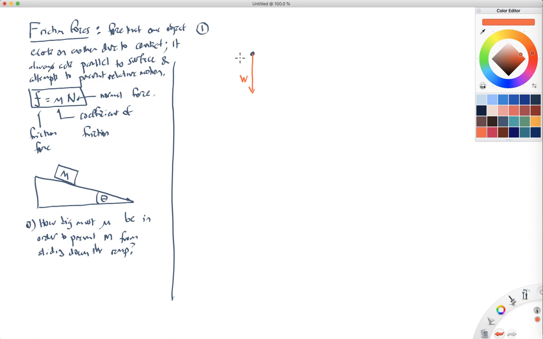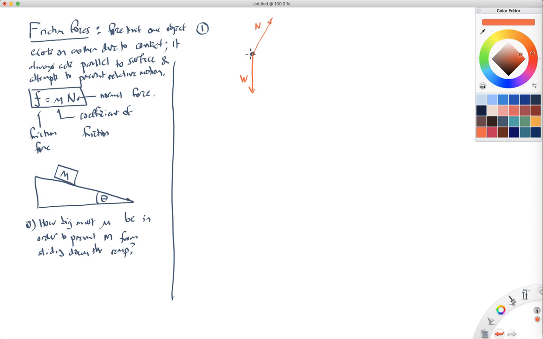There's also a normal force with which this ramp is pushing up on the block, at a funny angle, so I'm going to draw the normal force like this. It's perpendicular to the surface, so whatever angle theta is here, that's the angle this normal force is going to have with respect to the vertical as well.